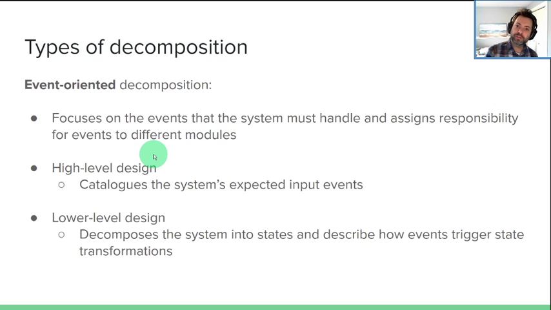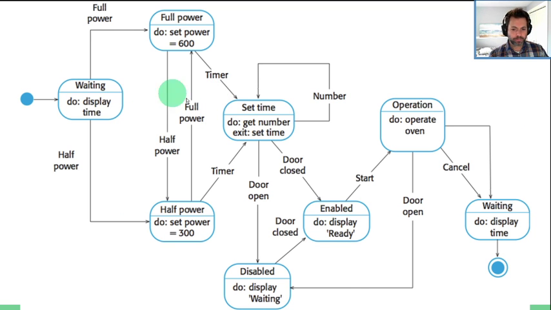If it's a lower level design, let's take these high level events and figure out exactly what this event means, what it's getting triggered by, what has to happen, what are the outputs. Basically handle event-based programming. And then you get a state diagram that looks kind of like this, where we start here, we're waiting.